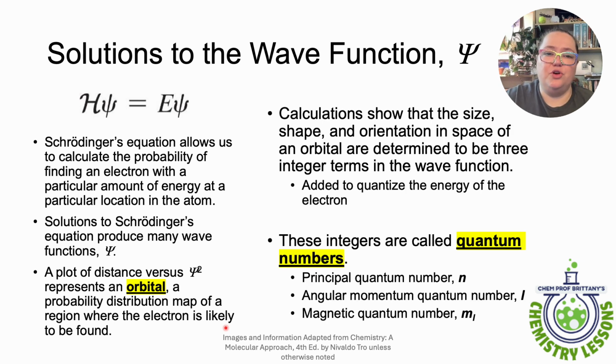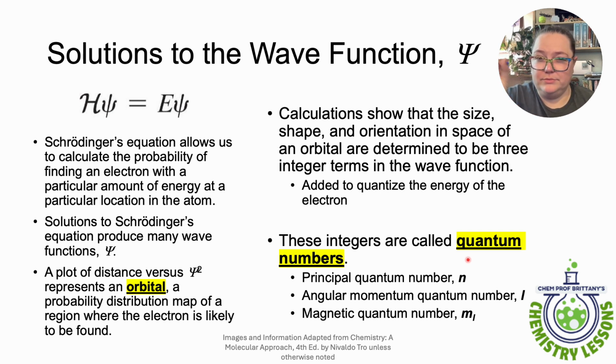So calculations show that the size, shape, and orientation in space of an orbital are determined by three integer terms in the wave function. We include the quantized energy of the electron and all of that in this whole consideration. But the things that contribute to this are our quantum numbers, which I mention in another video.